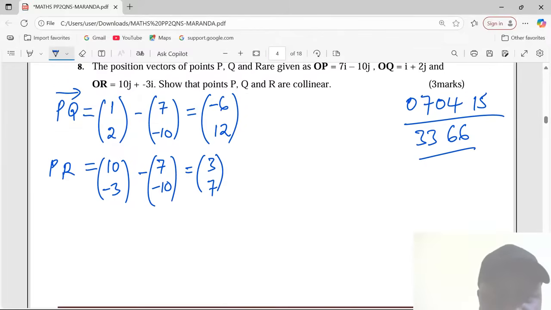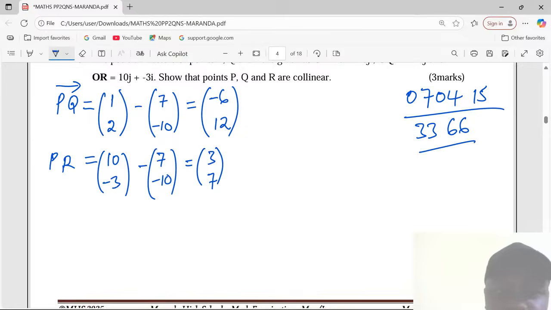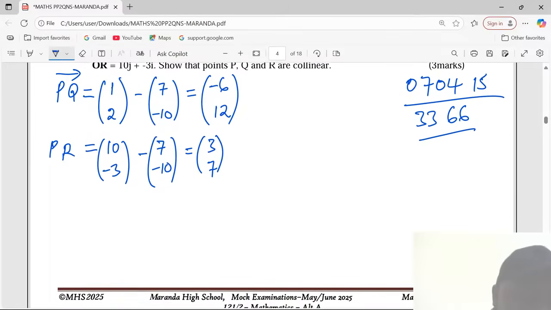Now, with all this, are the two vectors parallel to one another? Remember, we are showing collinearity. So we check whether one is a scalar multiple of the other.